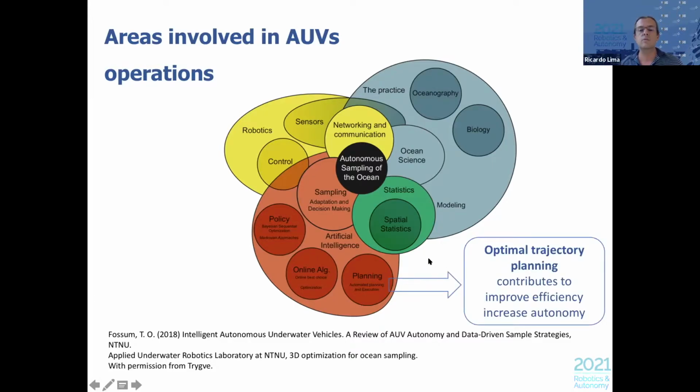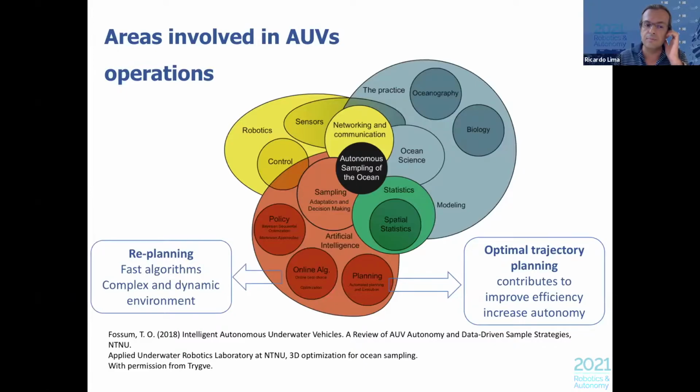We are developing optimal trajectory planning solutions that can contribute to improving efficiency and increasing the autonomy of these vehicles in terms of battery and energy consumption. There is another field that deals with replanning, which is more linked with the awareness capabilities and autonomy of these vehicles. It is more online, and that requires fast algorithms to deal with a complex and dynamic environment.